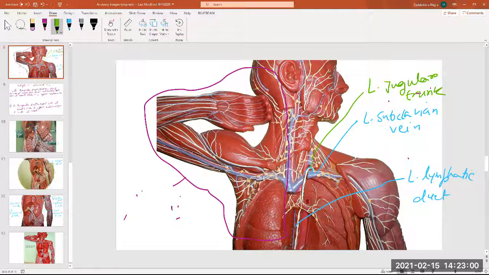And there is a left subclavian trunk. If you trace this from here, through here, through here, through here, left subclavian trunk.